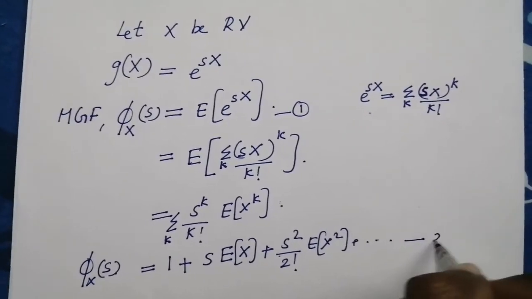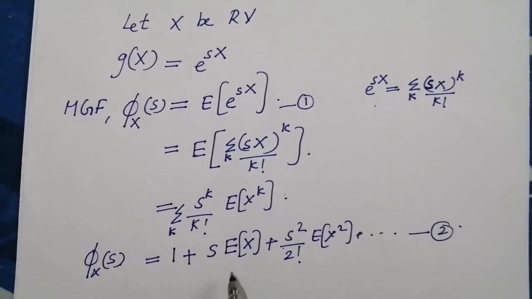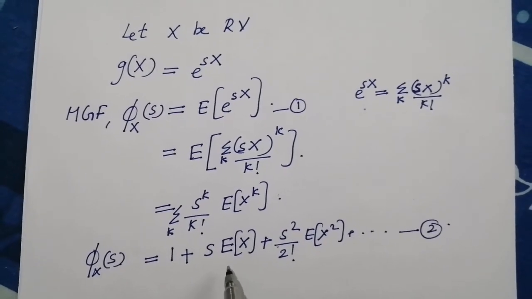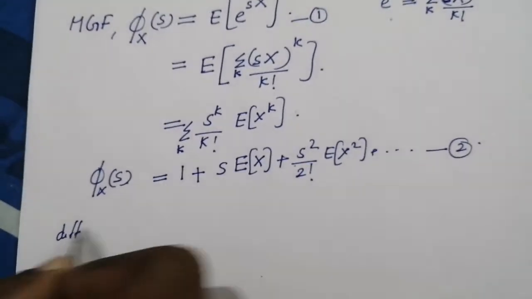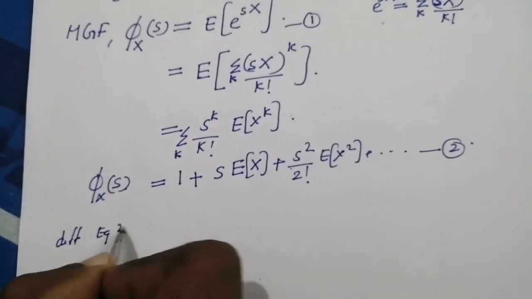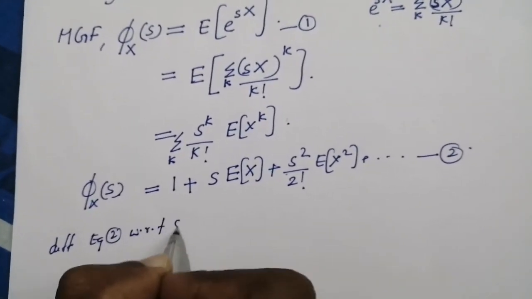From equation number 2, how will you find the mean value of the random variable x? Differentiate equation number 2 with respect to s.